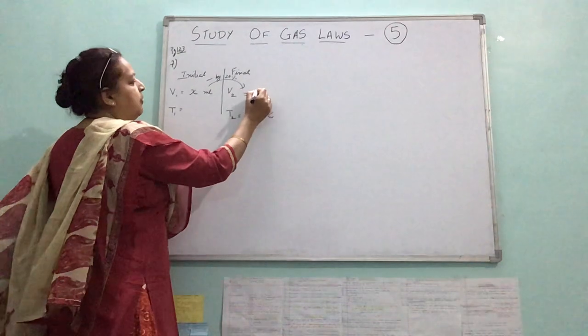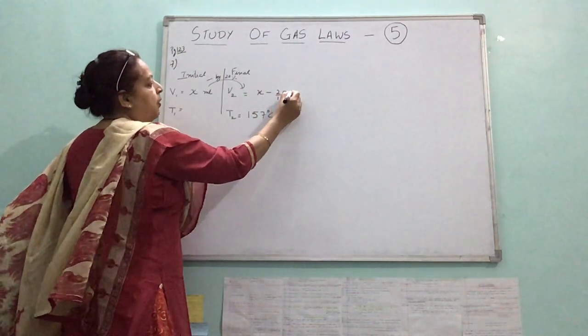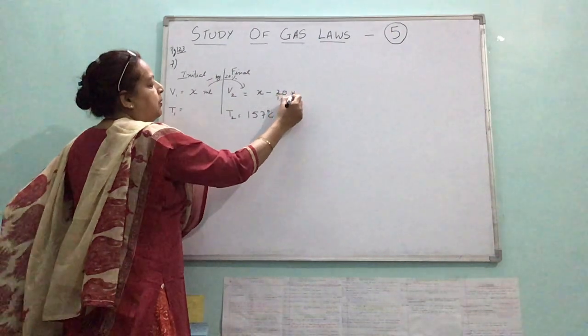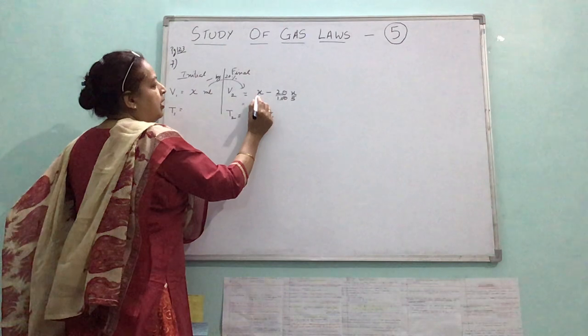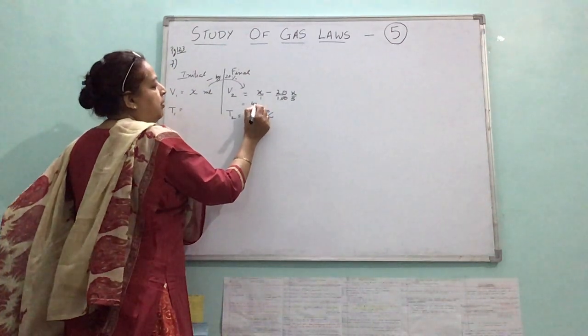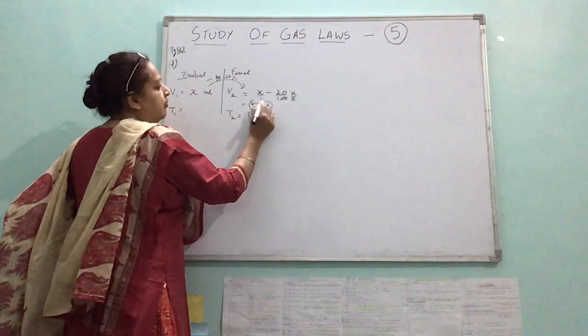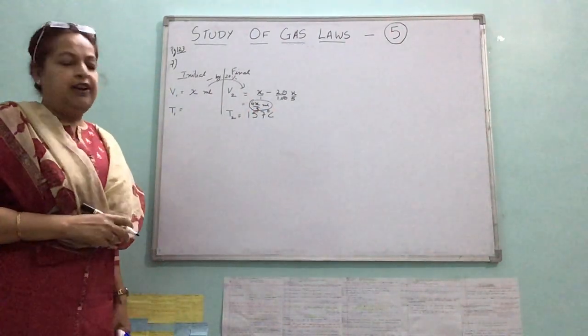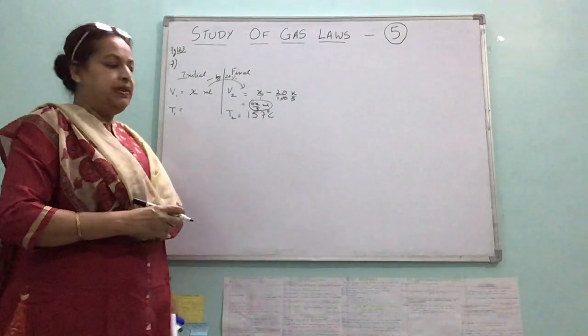So the second volume should be X minus 20% of X, which is nothing but X by 5. So if you take LCM, it will be 4x by 5 milliliters. Simple. You subtract 20% of that, it would be 4x by 5 milliliters.